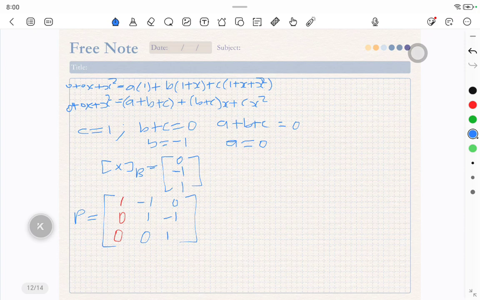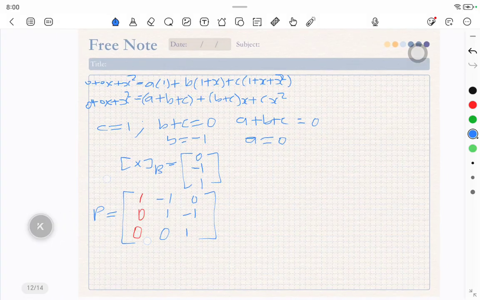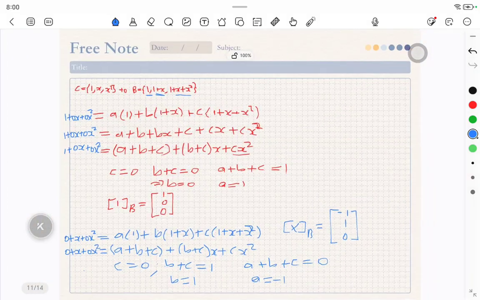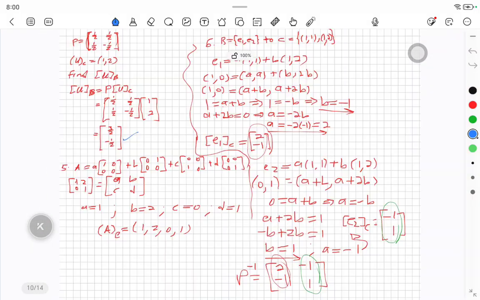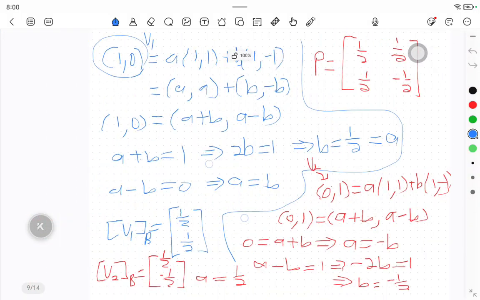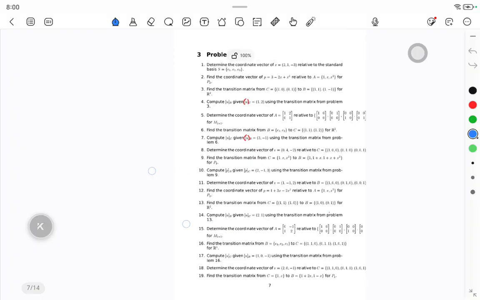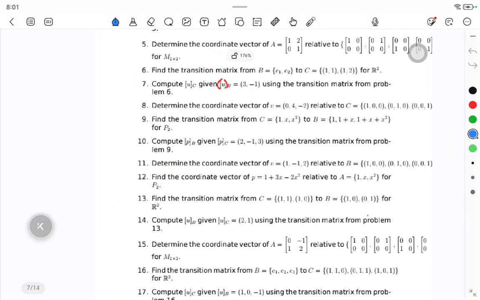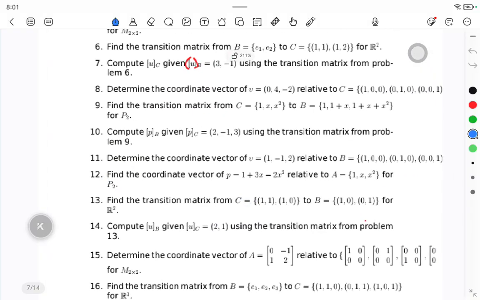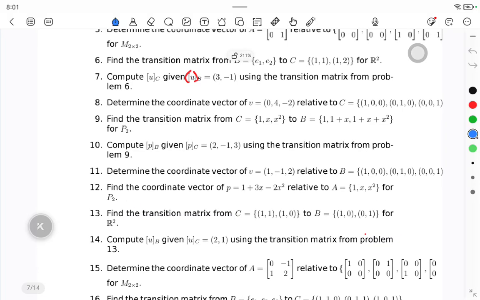So let's see the next question. What are they saying? Let me see if I'm going to do the next question or not. We're doing number what? Number 8, right? Was it number 9? Yeah, number 9.